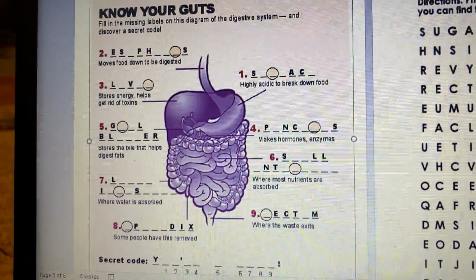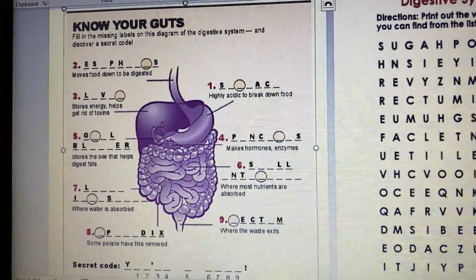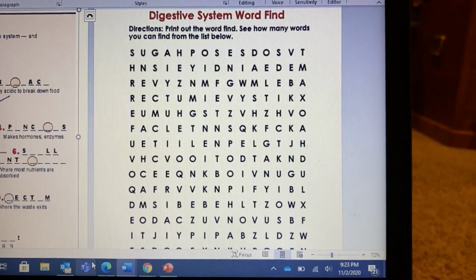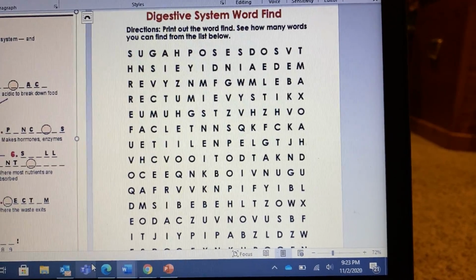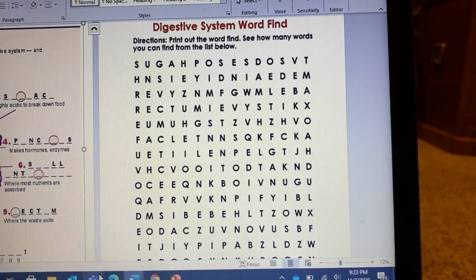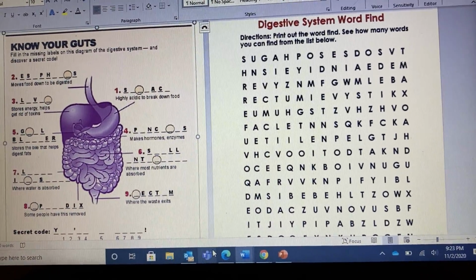So be a super sleuth and look on the internet to help you out a little bit. You probably just need to look at a diagram on the internet to fill in those little bubbles there. And then a little word search. That's all you need to do. So I would like the K and W of the KWL chart, and then these two worksheets, just send me a picture.